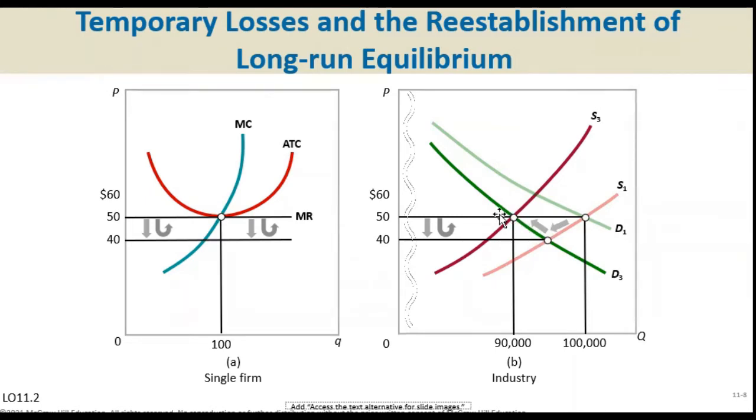The market will get back to equilibrium when only normal profit is earned, which is here. That is also true for the firm: price is equal to the average cost at the profit maximizing point.